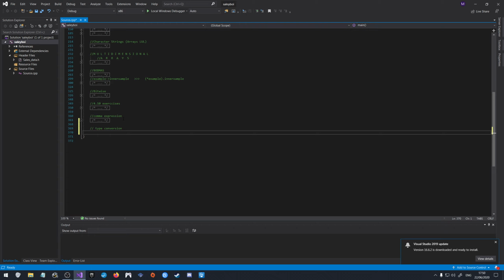Dval equals fval plus ival. What was dval? A double. F is a float and I is an int. So the ival is converted to a float. The fval and the ival are added together, and the resultant float value is converted to a double and assigned to dval.